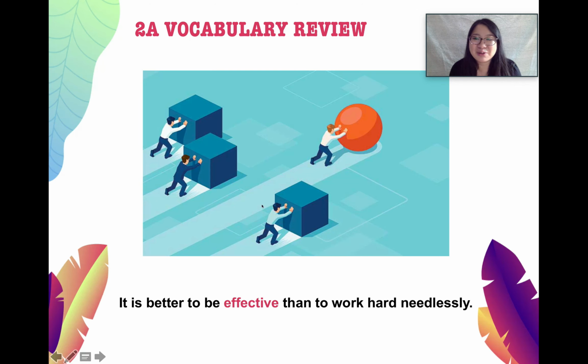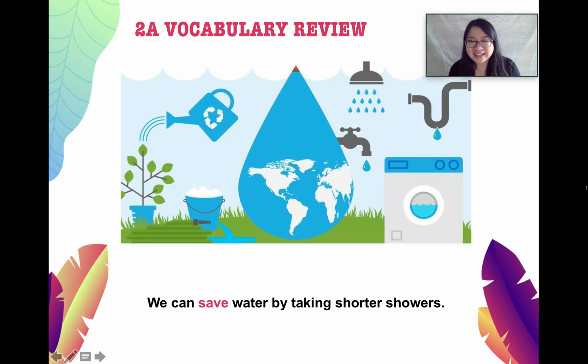They're all working very hard, but he is more effective or more efficient. Very good. Next, we can save water by taking shorter showers. Very good. We can conserve or save.